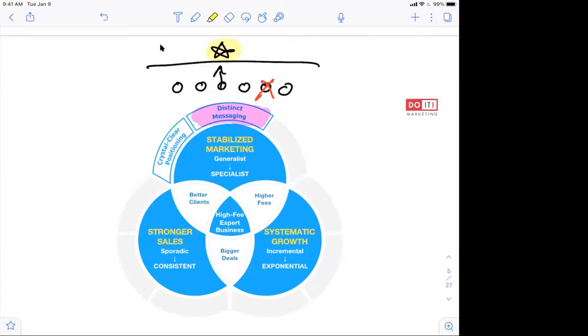So this is distinct messaging. What's your score on the distinct messaging, where they immediately see how you're better, cooler, faster, and smarter versus any competitor or any alternative?